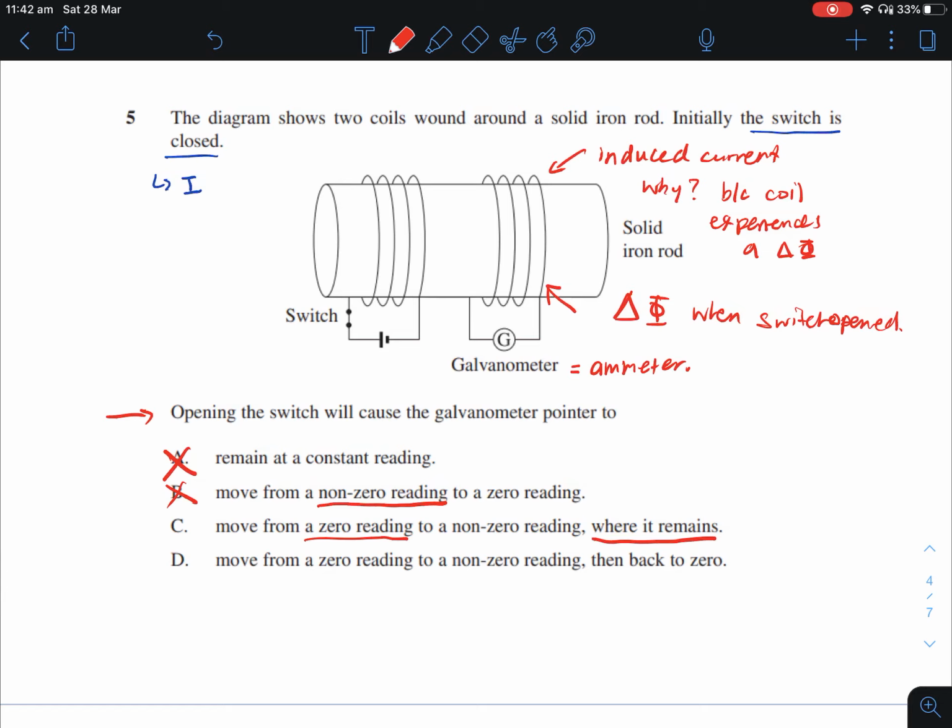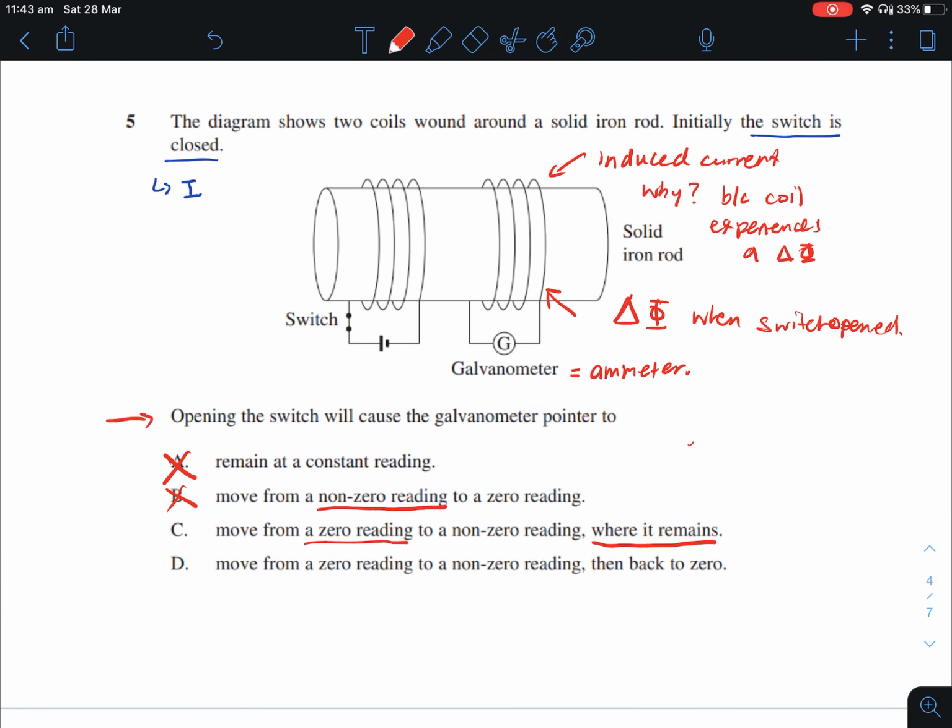There's just no flux. Remember, in order for induced current to happen, there needs to be a constantly changing flux. EMF is the change in flux over time. As soon as this becomes zero, that means there's no more EMF. So it can't remain at a non-zero reading, and therefore it can't be C, it has to be D.